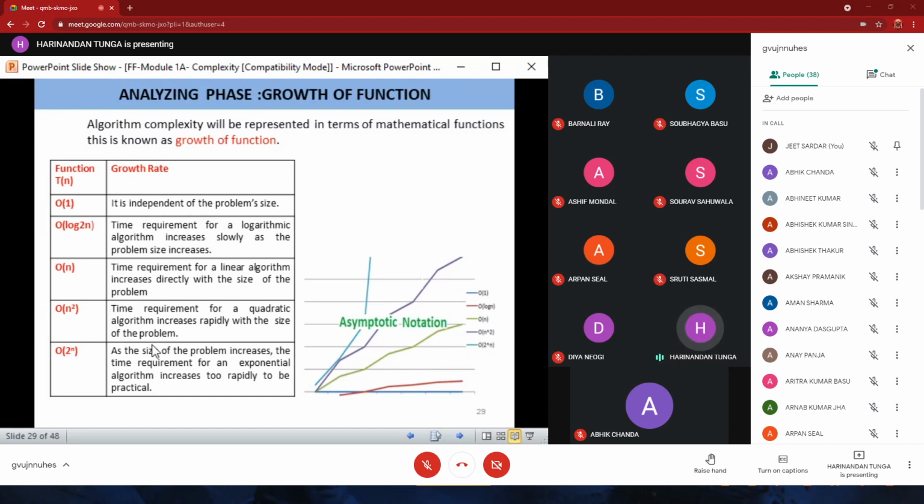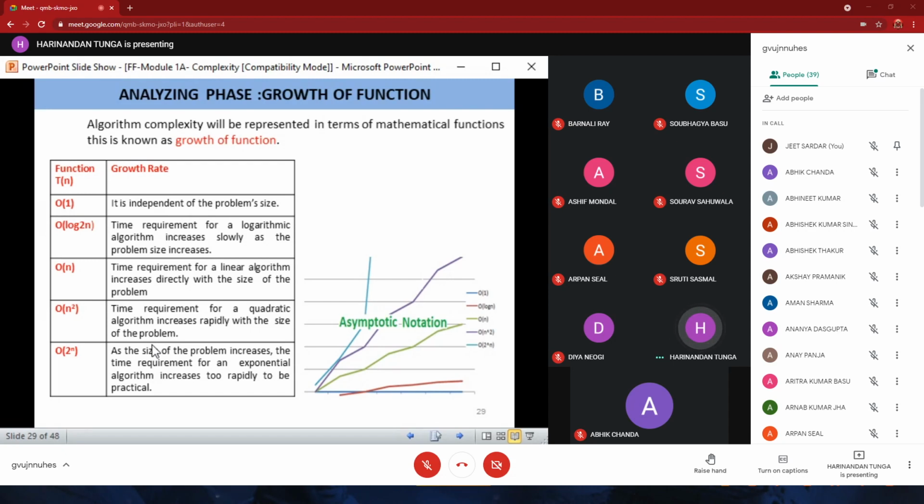For example, T(n) equal to 2n square plus 5n plus 3. This is not in terms of the notation. The growth of function is expressed in terms of asymptotic notation.